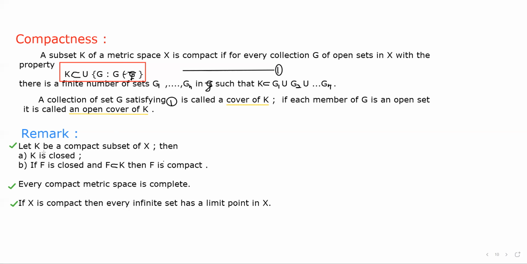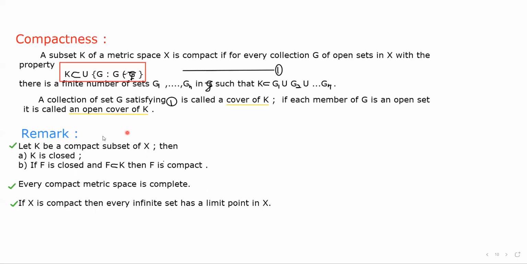Now some properties. Let K be a compact subset of X, then K is closed. And if F is closed and F is a subset of K, then F is compact. Remember all the properties which we are revising now, because we have to use these properties in the next lecture and in our syllabus.